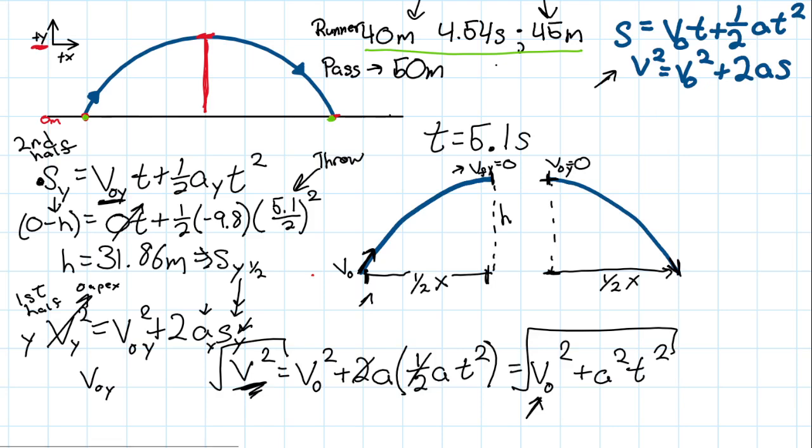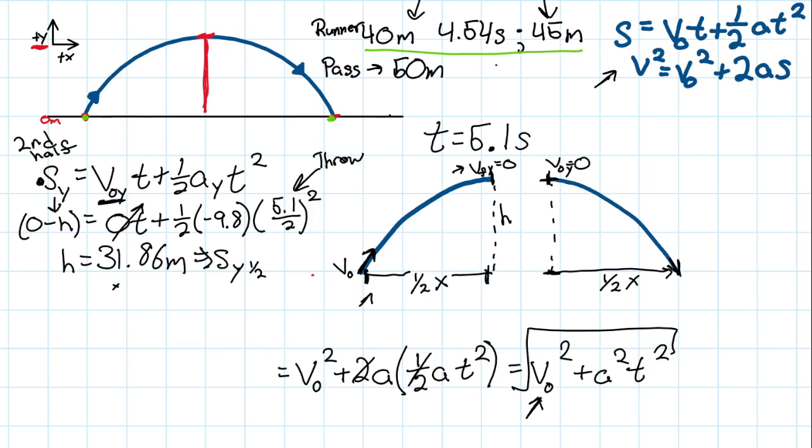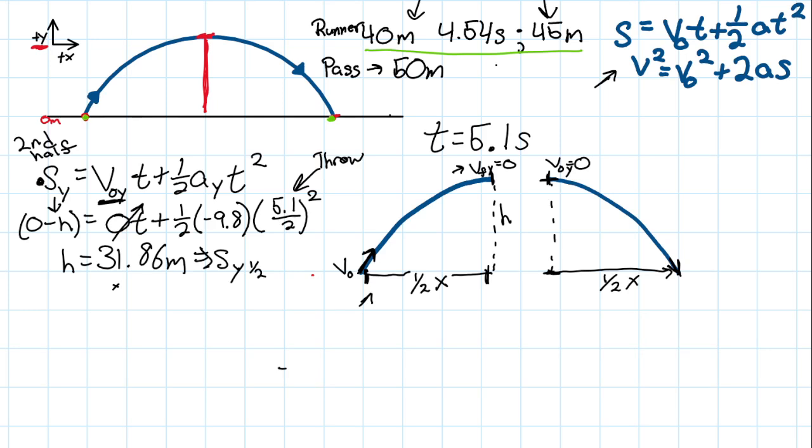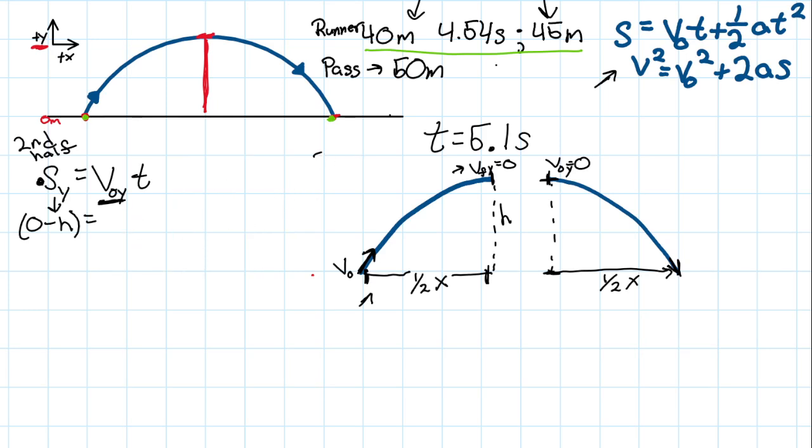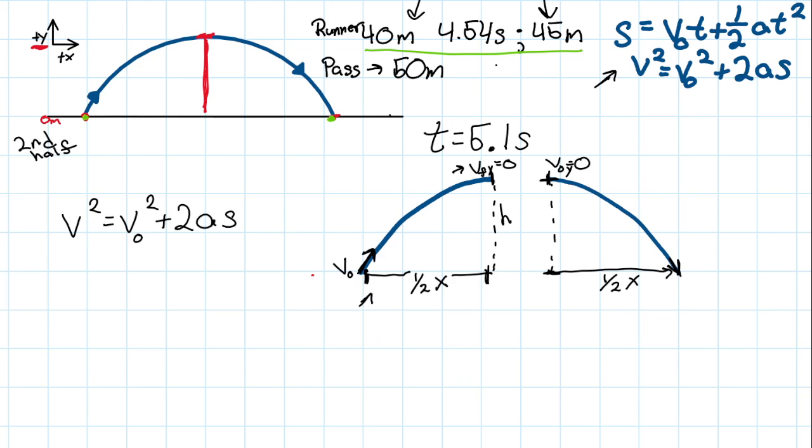One of the things I saw a lot of people doing that I just want to address really quick is we can't be mixing our components. So I saw a lot of people who clearly remembered that they were supposed to use v squared equals v naught squared plus 2as, and they were throwing in the velocity that they got for x.